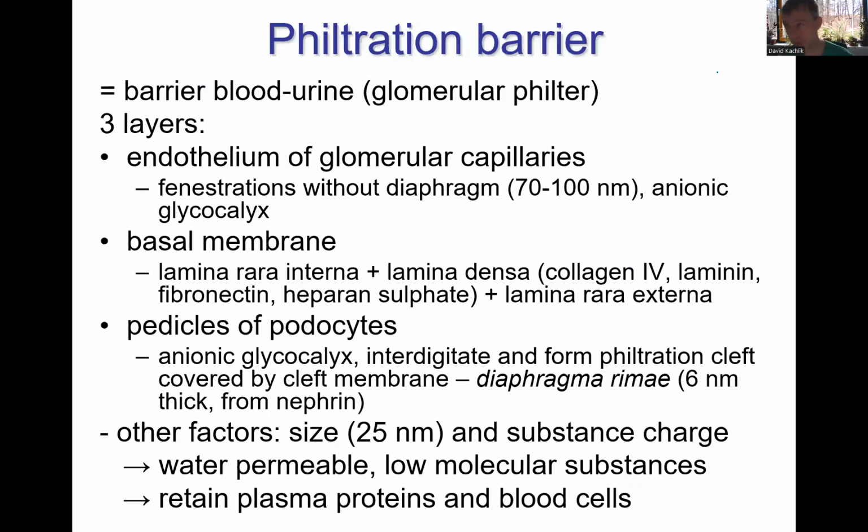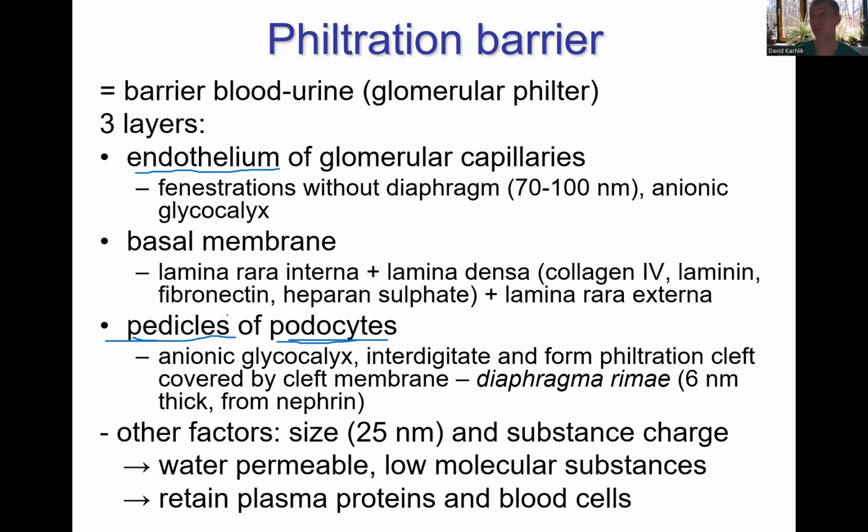So when we come to the real filtration barrier, you already know the blood-air barrier in the lungs. So this is quite similar, blood-urine barrier with 3 layers. So we have endothelial cells in the capillaries. We have podocytes on the other side, but only their processes which are called pedicles.